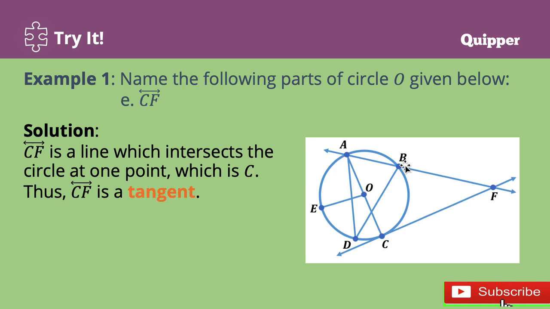Letter E. Line CF. Line CF is a line which intersects the circle at 1 point, which is point C. This point is what we call the point of tangency. Therefore, line CF is what we call the tangent line because it has only one intersection point, which is point C.